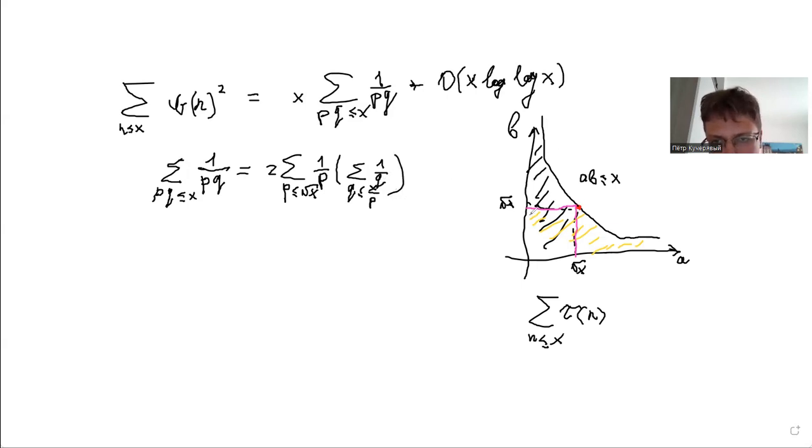Multiplying by 2, we have the sum over these two areas minus the sum over the square. The sum over the square is just the sum over p less than the square root of x, and q less than or equal to the square root of x, doesn't matter, it's a small error, of 1 over pq. Okay, what's this?